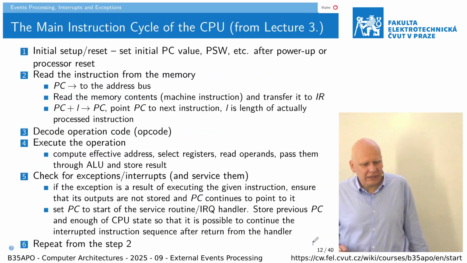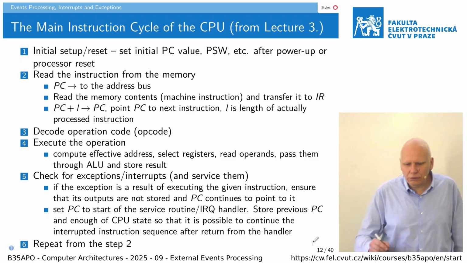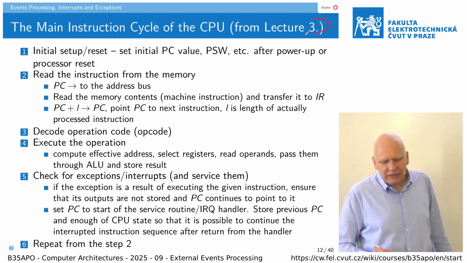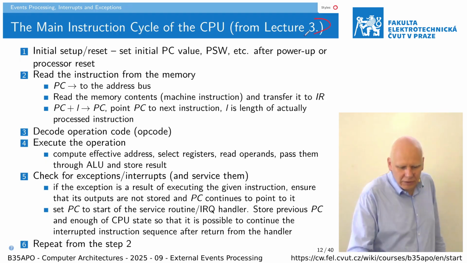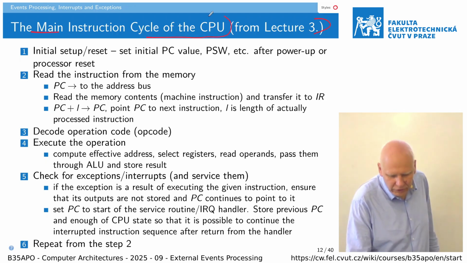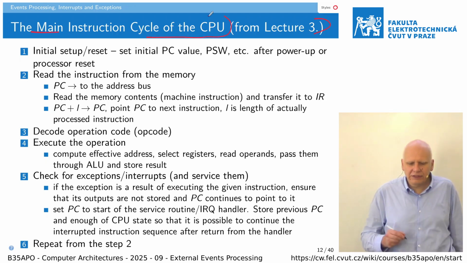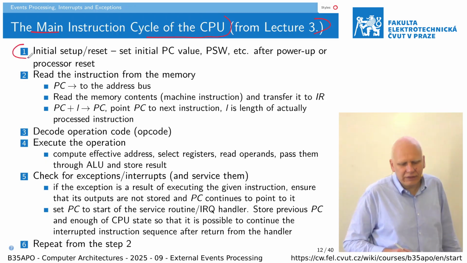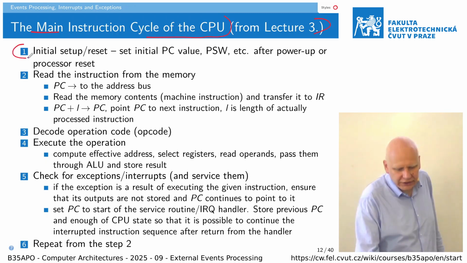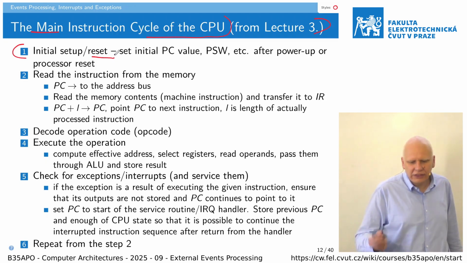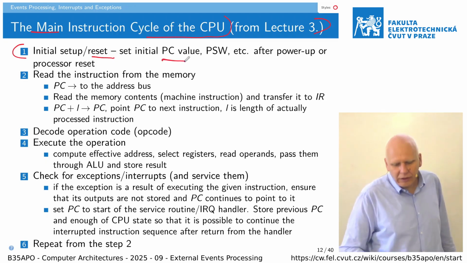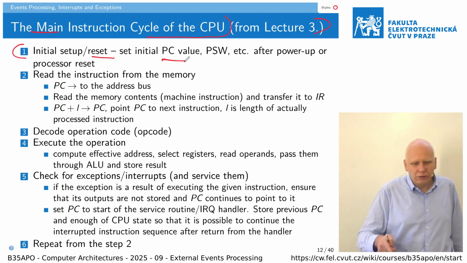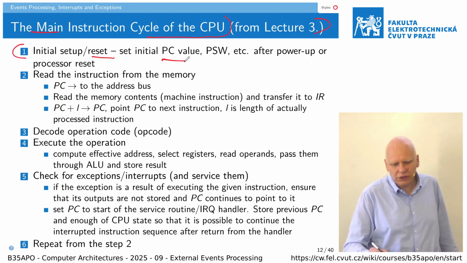Okay, and if we return back to our lecture 3, there we defined a main instruction cycle for the processor, but we skipped the part about exceptions or interrupt processing. So now we repeat it. At the start, we need some initial setup or reset, which sets the initial program counter value, the point where the next instruction will be read.